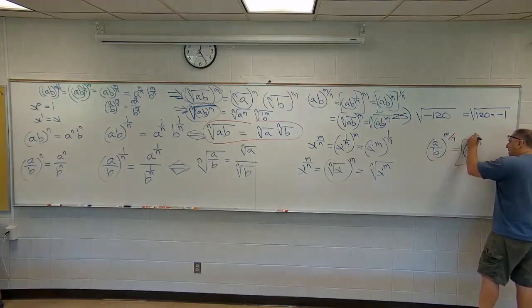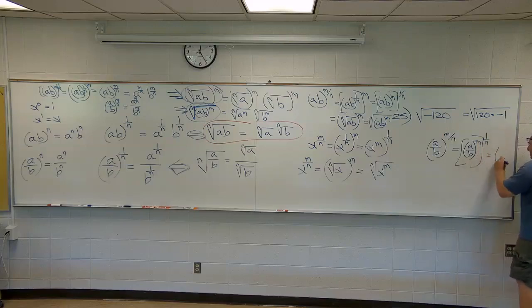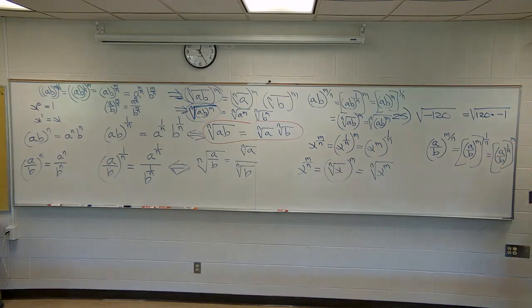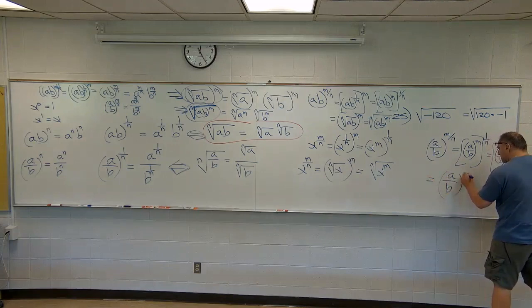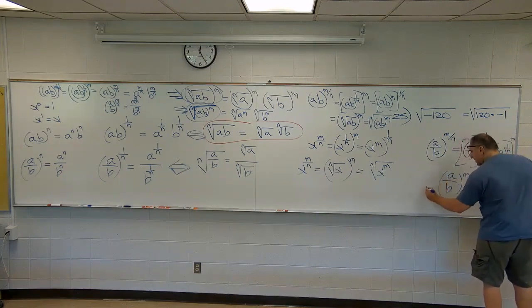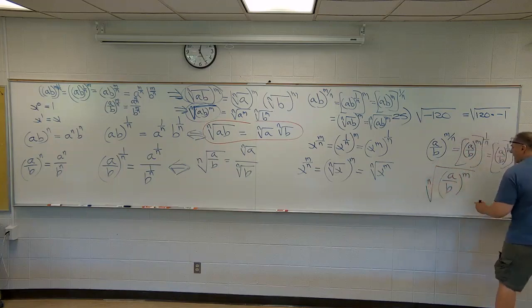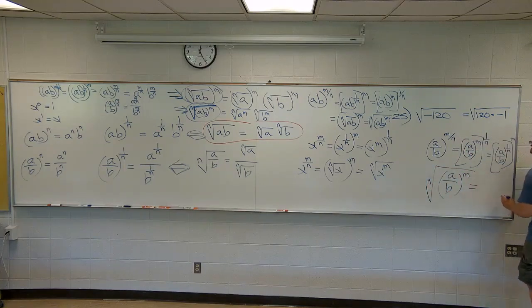To the M, the whole thing to the 1 over N. A over B to the 1 over N, the whole thing to the M. What's that? Absolutely. A lot here, guys.